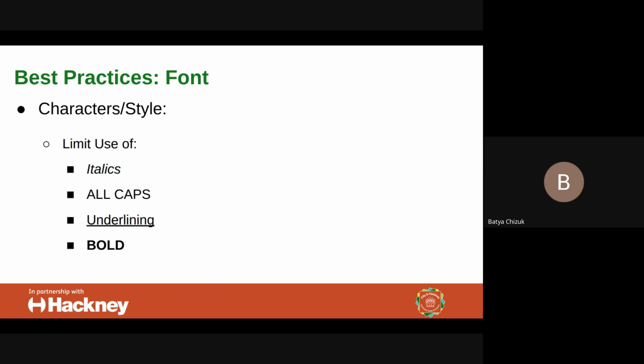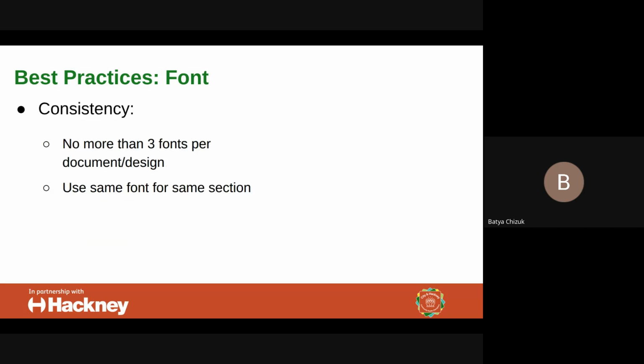It might just look like a grey blur on the background. But all capitals is generally a no. Not too much underlining because that can also get in the way of deciphering. And again, bold when you really need it and not otherwise. Next. No more than 3 fonts in a document and the same font for every section, which I've already said. Next.